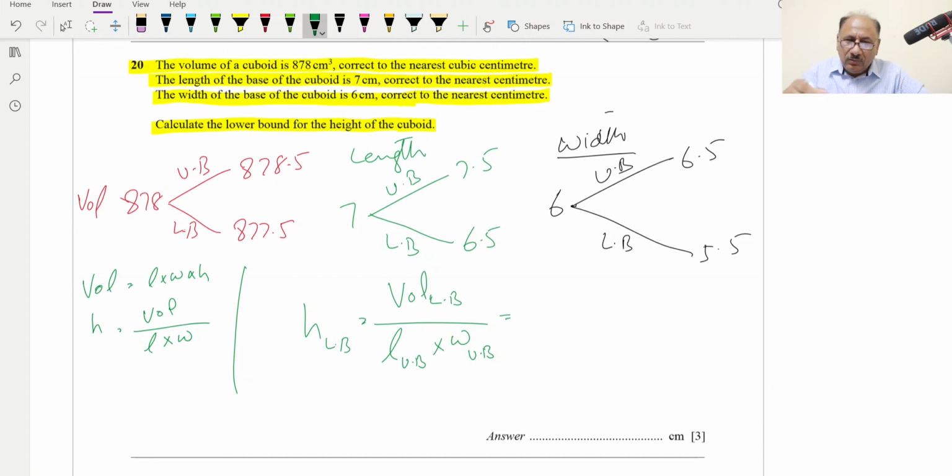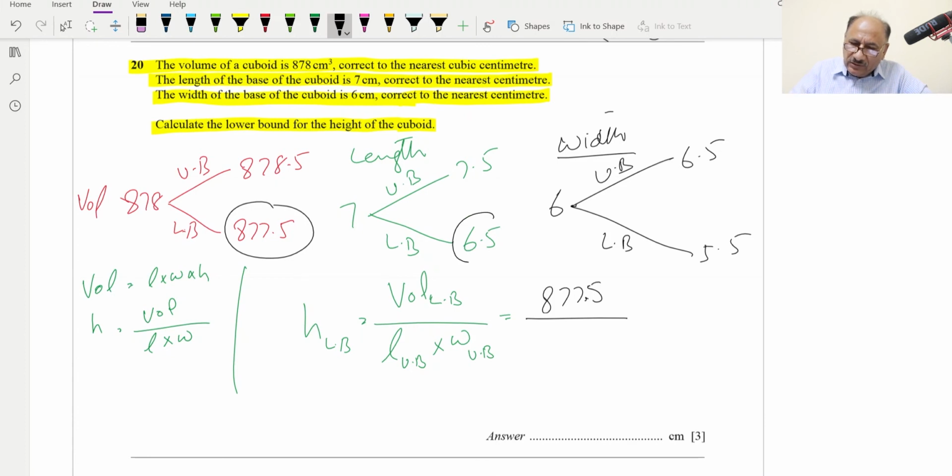So volume lower bound will be 877.5, divided by upper bound of length, which is 7.5, multiplied by upper bound of width, which is 6.5.